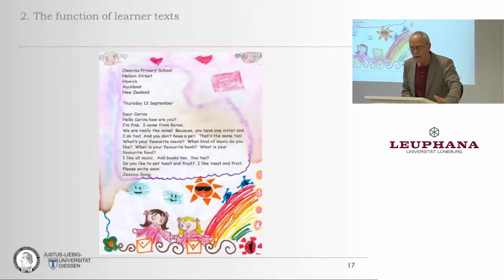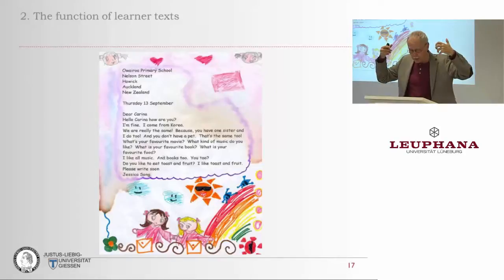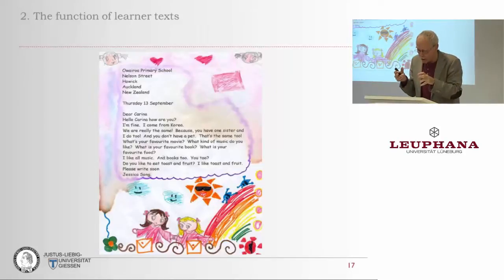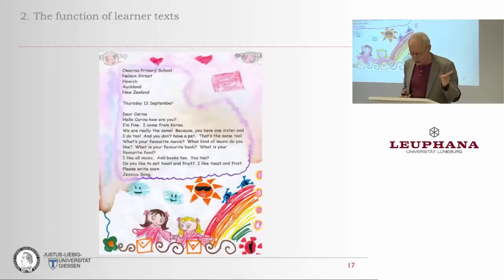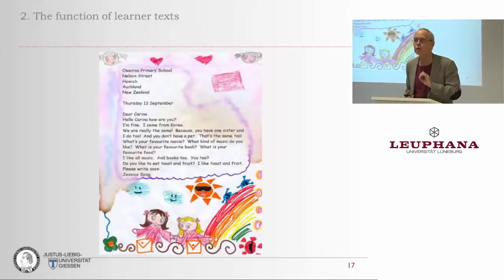First of all, Corinna, as I've already mentioned, has appropriated this text from the outside world of the classroom through the artwork and thus made it her own product. Secondly, because of the teacher's intervention, Corinna is given the chance to enrich the learning processes of her classmates. Her text becomes input for learning.